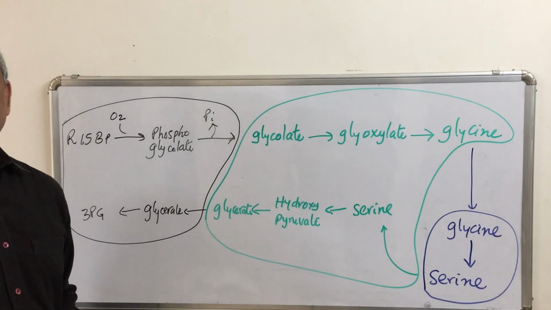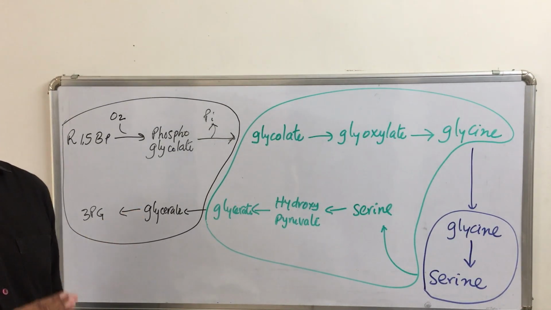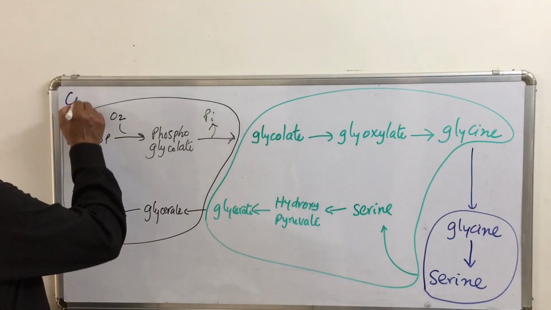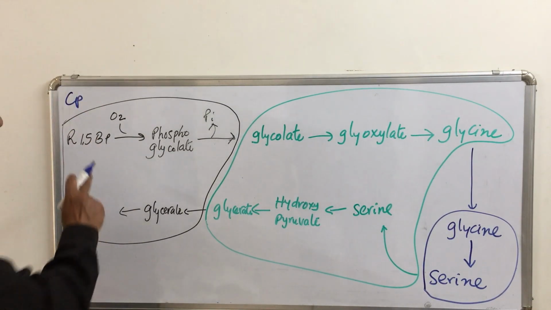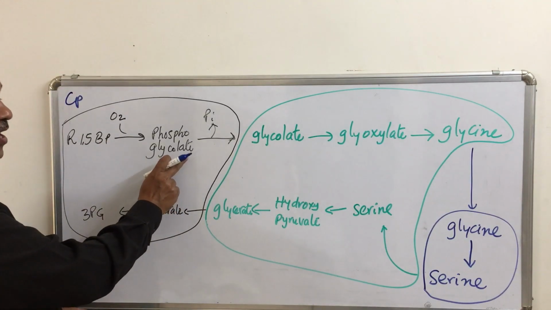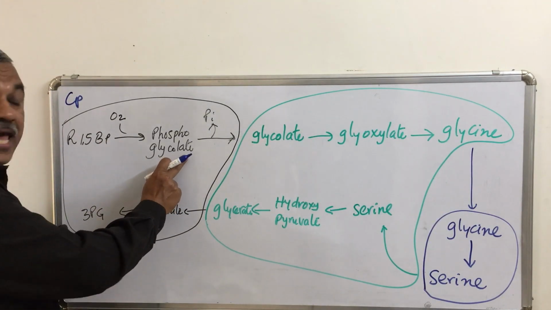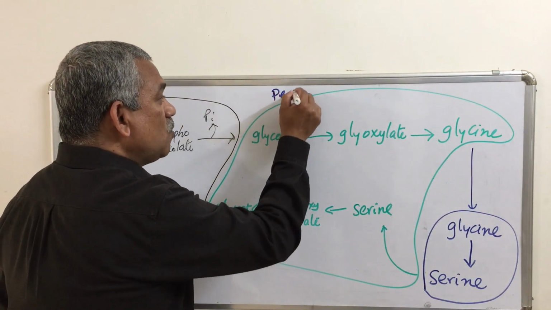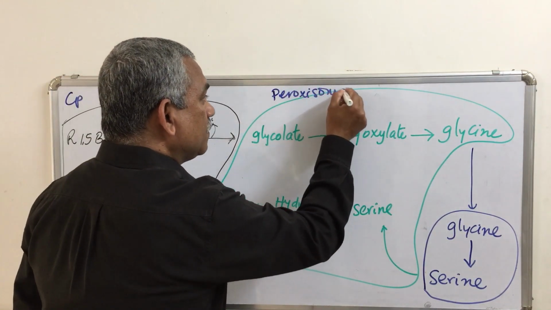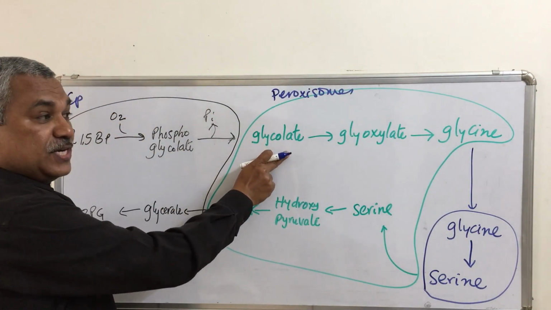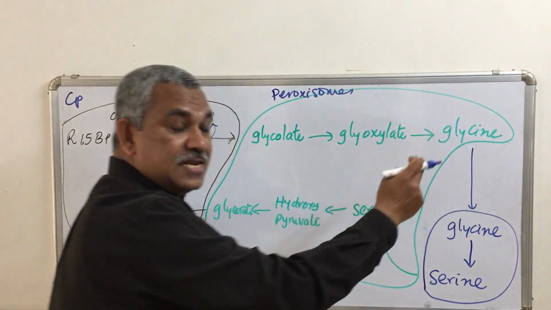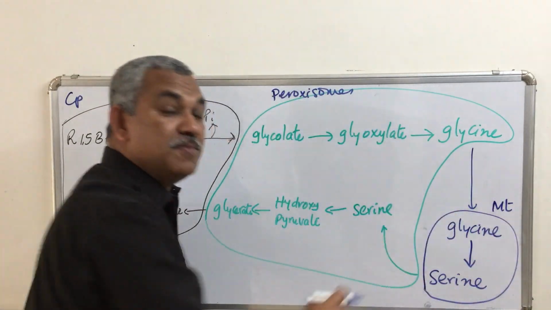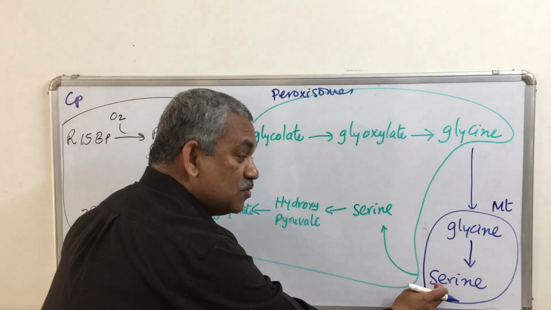This is the summary of all the reactions that we have seen. We began from here. This is our chloroplast, where ribulose 1,5-bisphosphate has been converted to glycolate. Glycolate is transferred into the peroxisomes, where it is converted to glycine. Glycine is transferred into the mitochondria, where glycine is converted into serine.